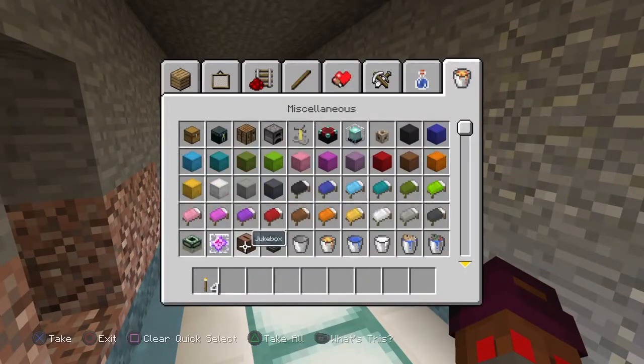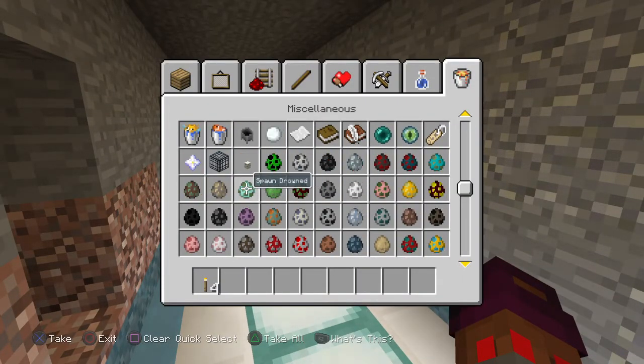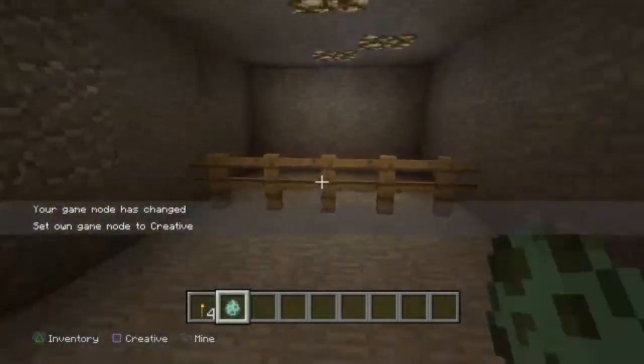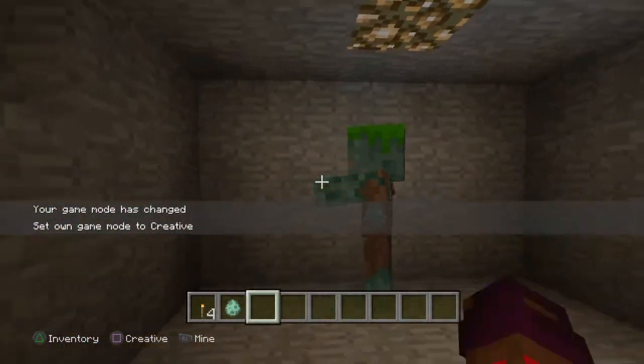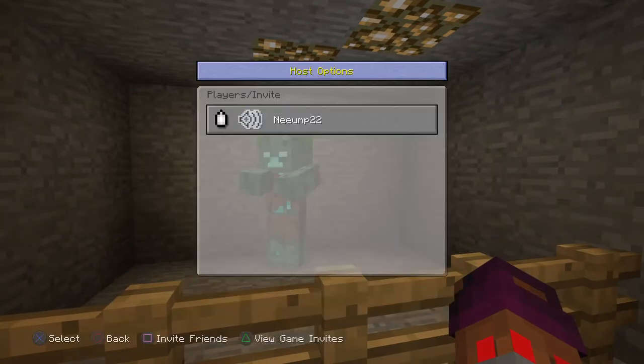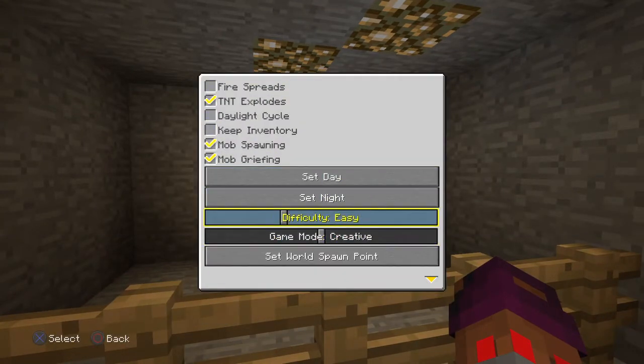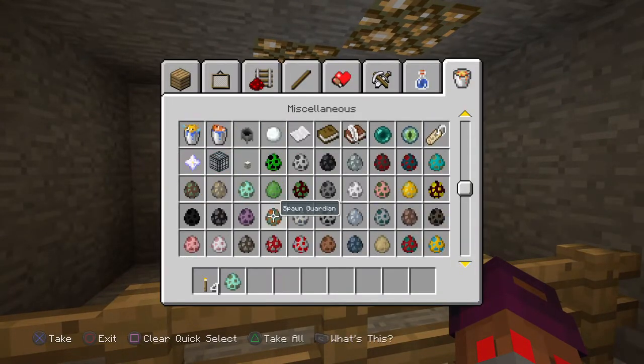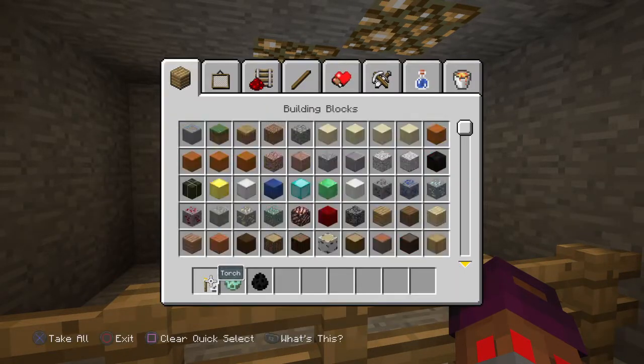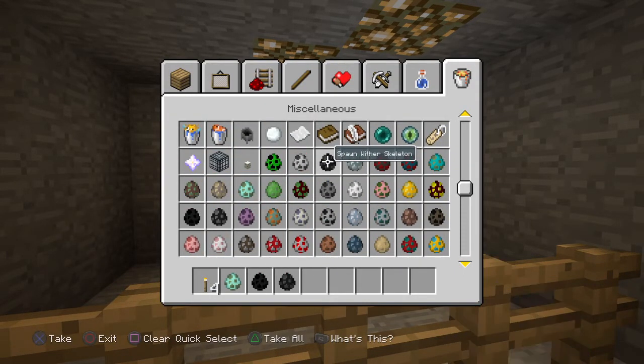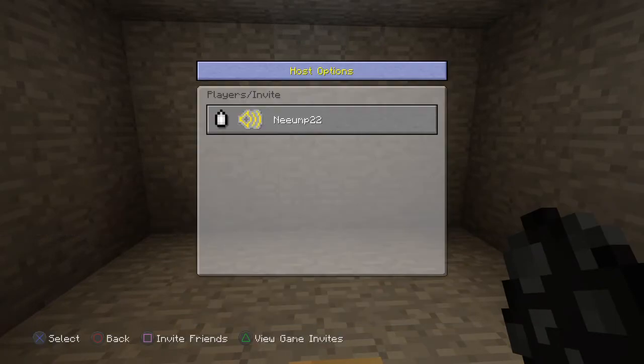Hold up, guys. This lysosome is this egg right here. As you can see, that's lysosome. The reason why it's lysosome is because it can just transform.